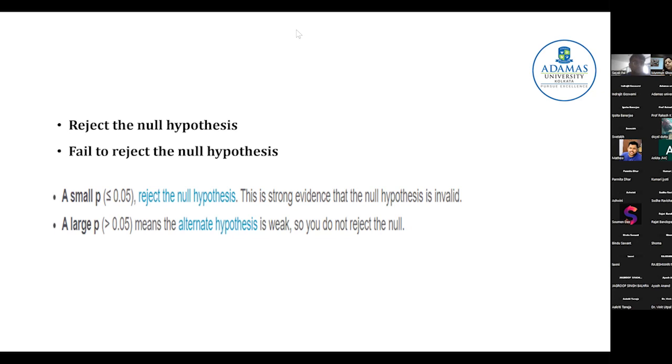Rejecting a null hypothesis means you have gathered sufficient evidence in your study variables to propose that your hypothesis is true. But failing to reject means you are not getting sufficient evidence to support your hypothesis. And what are those conditions you have to talk about?